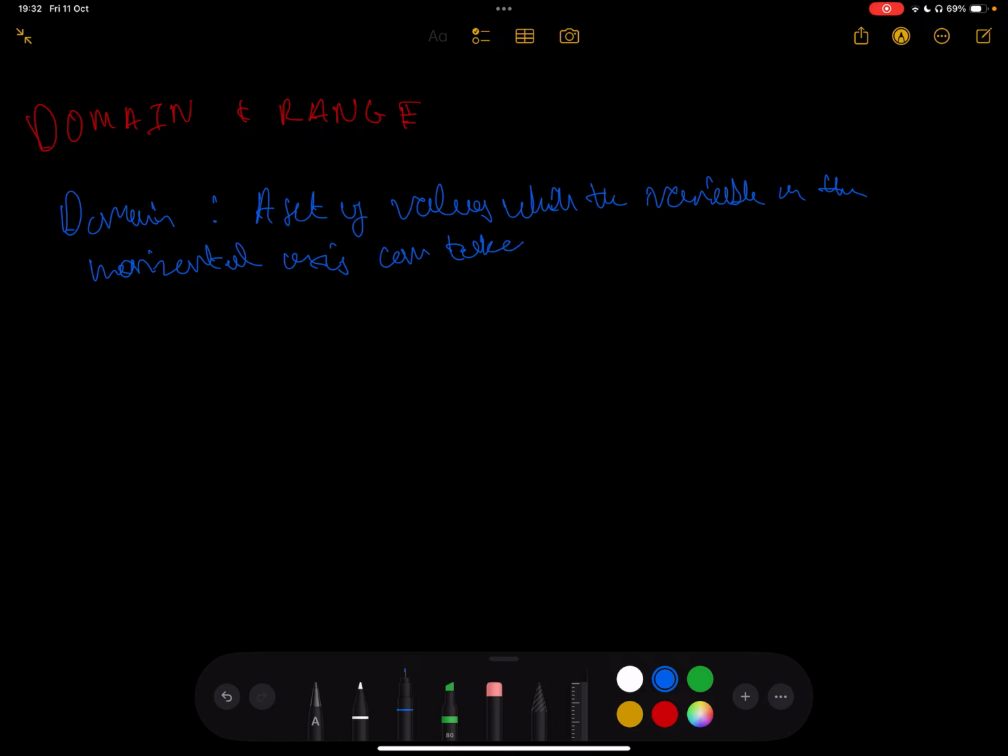So this is basically just a restriction, or just looking at the values or range of values that the variable on the horizontal axis can take. This is usually x. So it's just defining the value of x, or the range of x that can be taken. We say it belongs in a set of values that are in a domain, and the domain being the set of values that x can take.